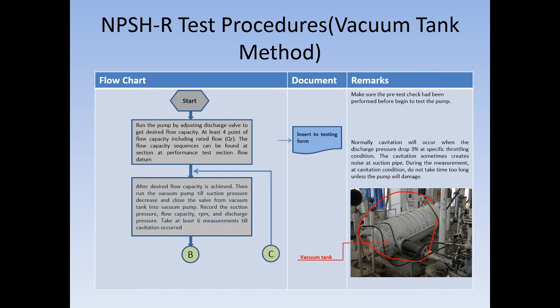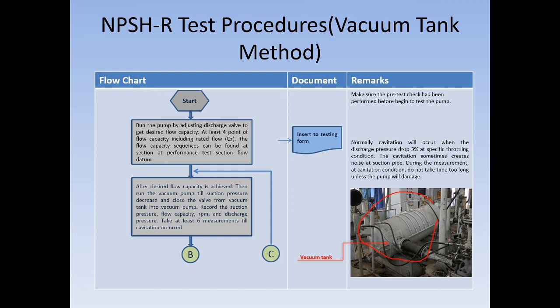Here, for example in the photograph, this vacuum tank is only for 5 to 10 cubic meters per hour of flow capacity. Our example is 73 something flow, almost 10 times. So if you insist on testing the pump at 73 cubic meters per hour in a vacuum tank, maybe your vacuum tank will be the size of a big house.